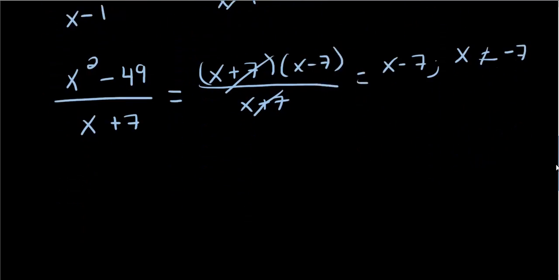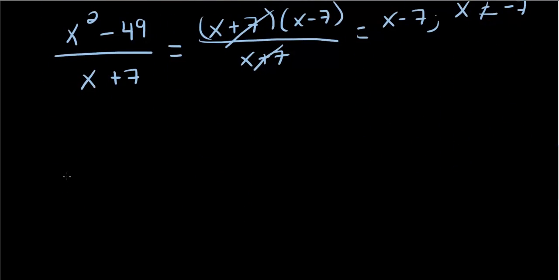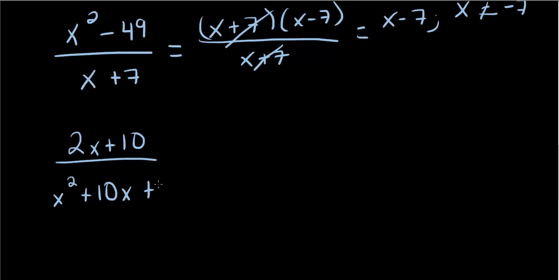Let's try another one. 2x plus 10 over x squared plus 10x plus 25. So we're going to factor both the numerator and the denominator. The common factor amongst these two is 2.